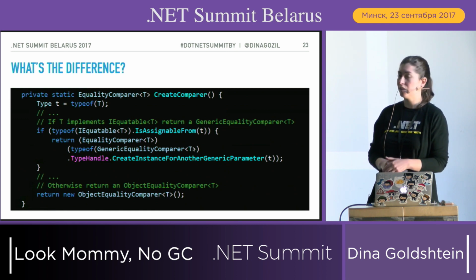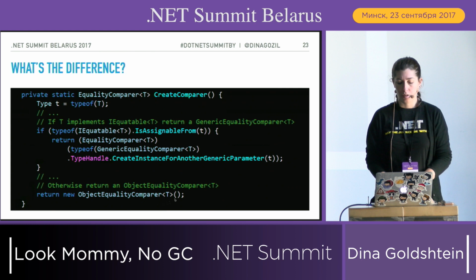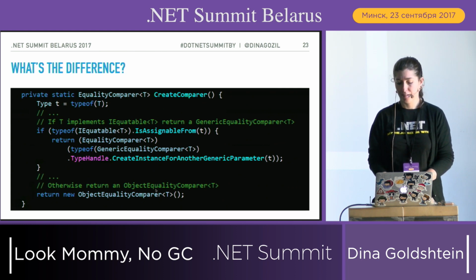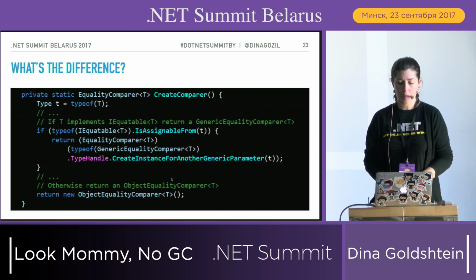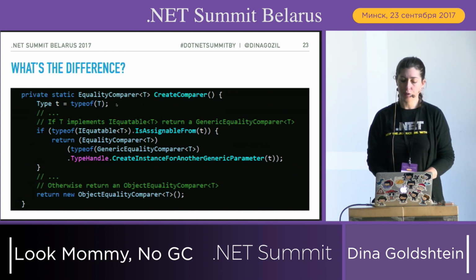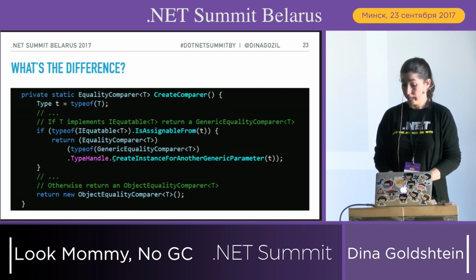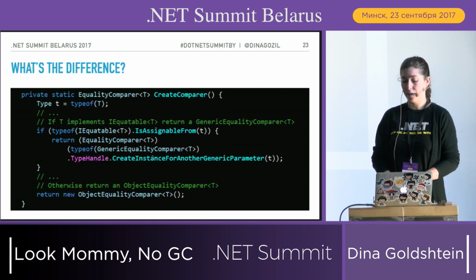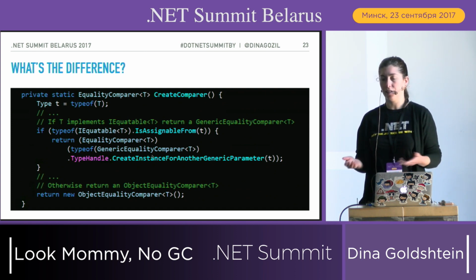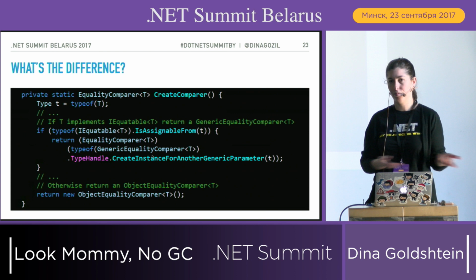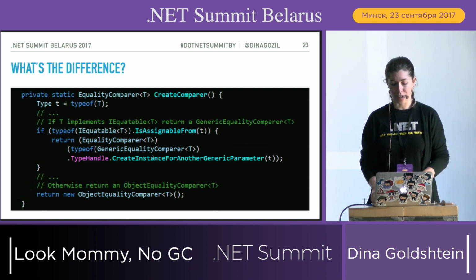And it turns out that this is where the difference lies, because generally there is an object equality comparer which holds for all data structures. However, if your data structure implements IEquatable, then it has a different kind of comparer. And it makes sense, really, because if you implemented IEquatable, then obviously you want to use your own function in order to compare objects.